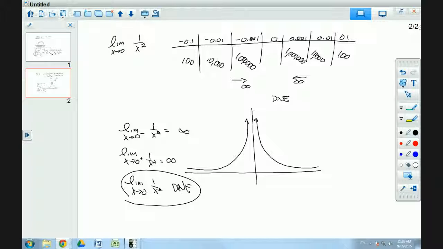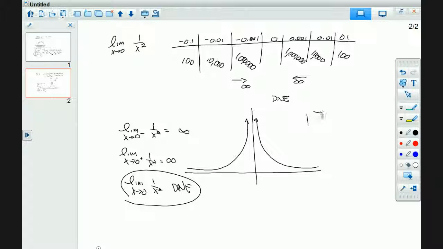It's section 2.2. Problems 39 through 43, and 49 and 55.